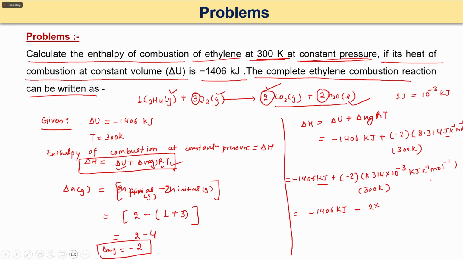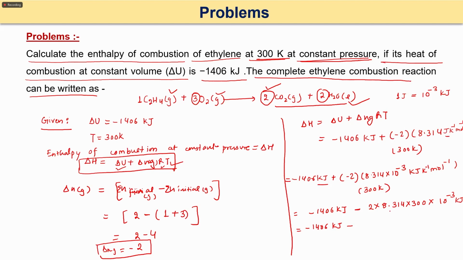Now we can easily add it. So it will become 2 into 8.314 into 300 into 10 to the power minus 3. Okay. It will become minus 1406 kilojoule. This is also in kilojoule.